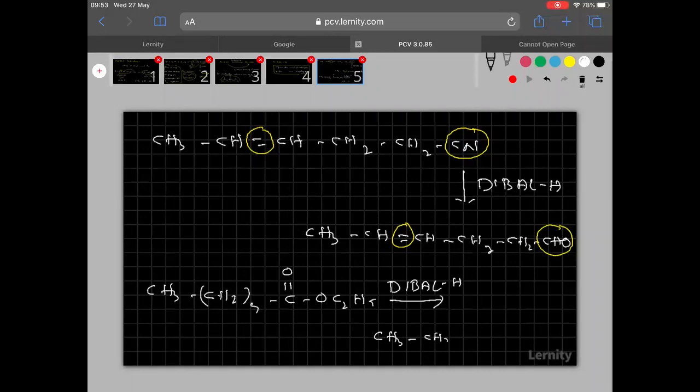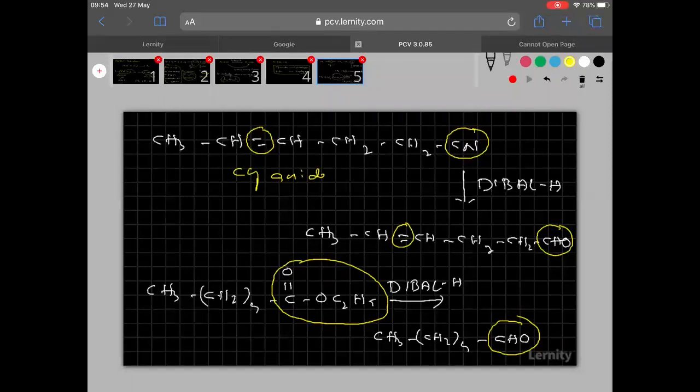So CH3, CH2 taken 4 times, that we are going to write as it is. Then here see clearly CHO. That means what? So this C double bonded O, OC2H5 is there now. It will be converted into CHO. So this is the cyanide. This is the ester.